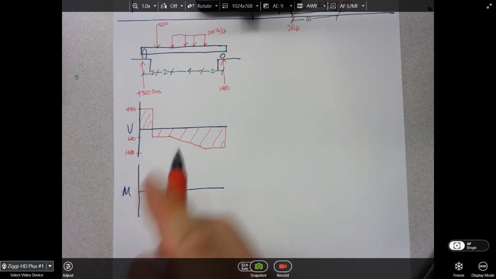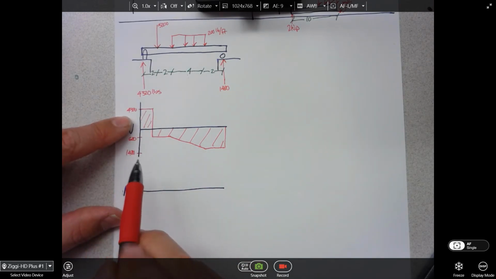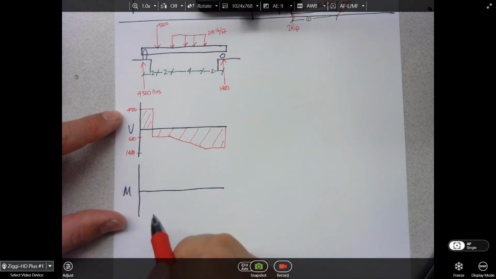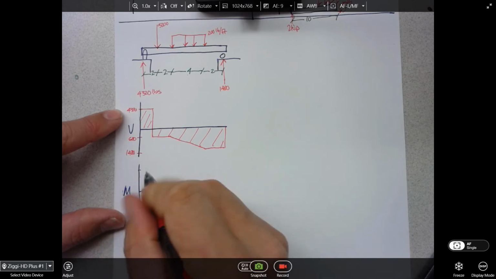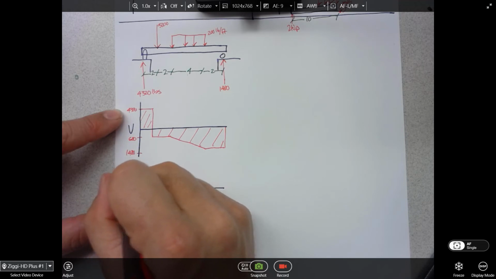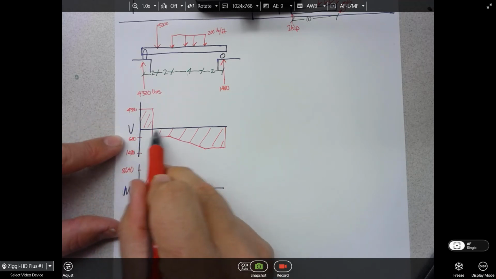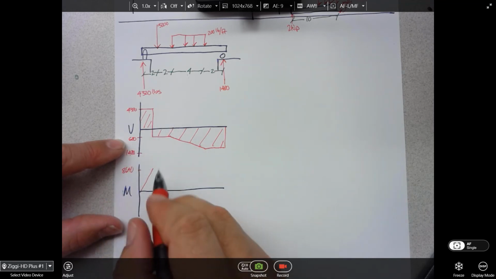Moment diagram then. We're going to be linear in the first part. What's the change going to be? 4320 times 2, so 8640. So I'll have a super steep slope up to 8640. Then I'll have a negative slope of 680 times 2.